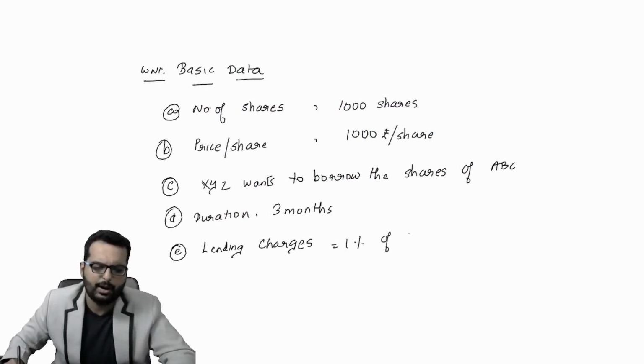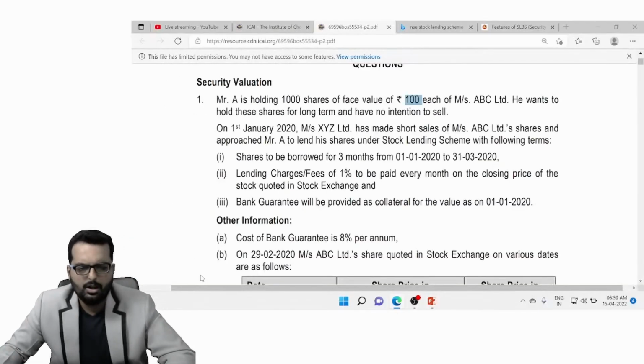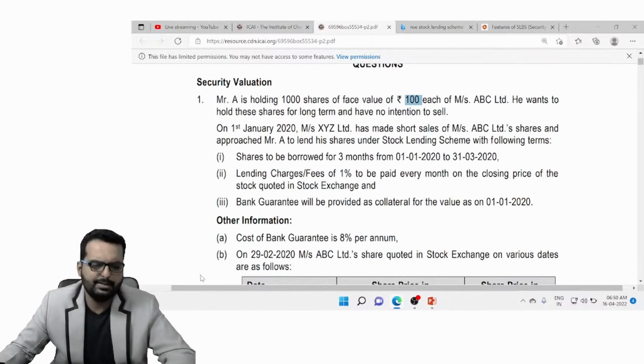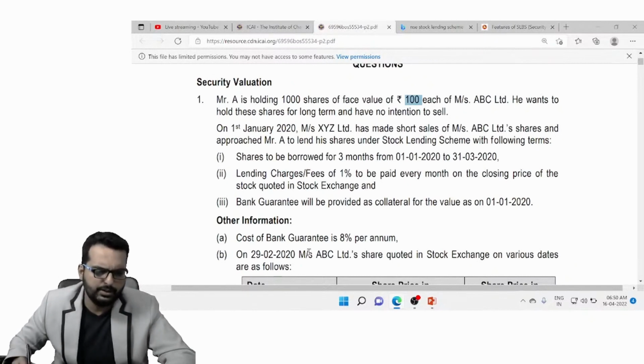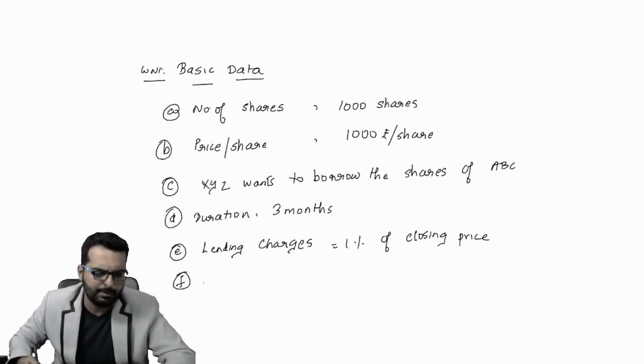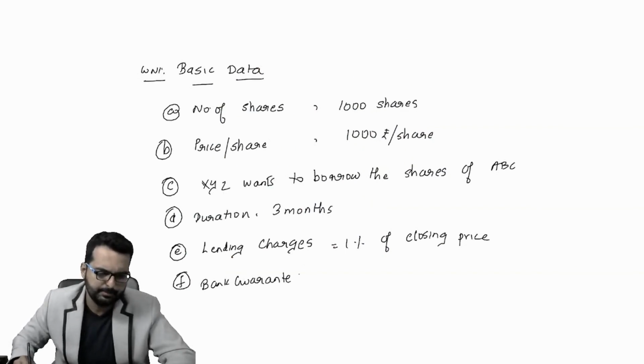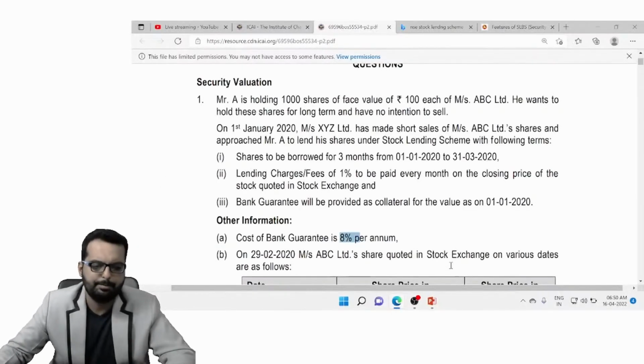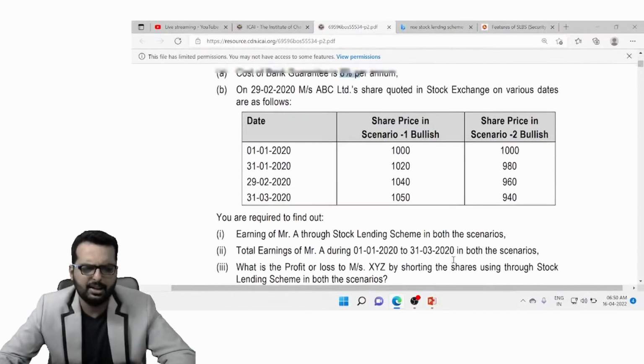Lending charges will be 1% of the closing price, and there will be a bank guarantee on which there will be an interest rate of how much percent per annum? 8% per annum. And then they have given the rates.